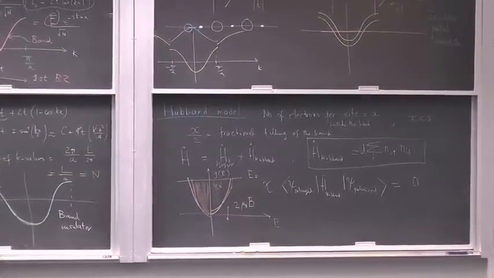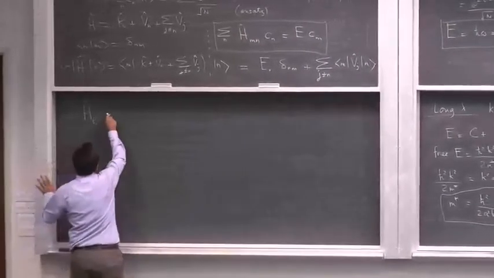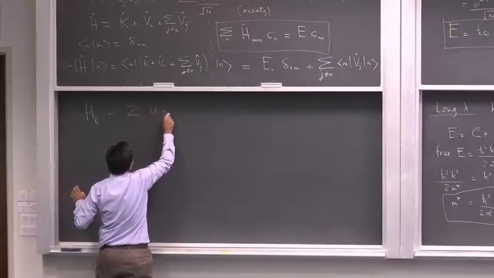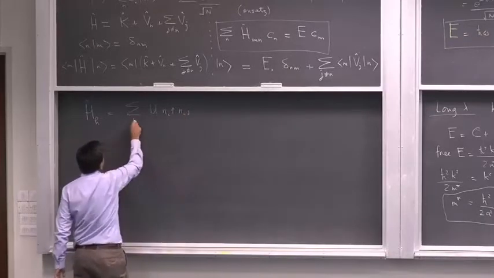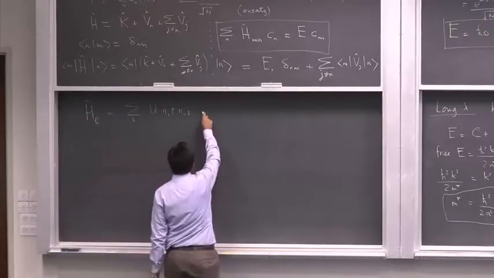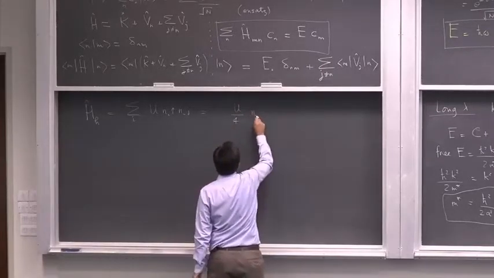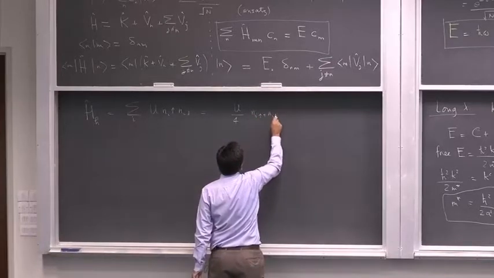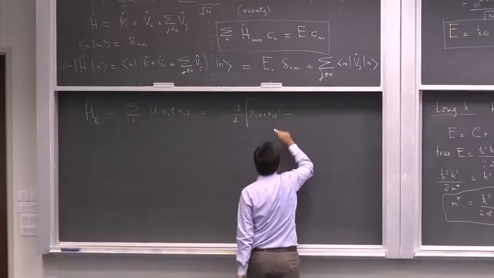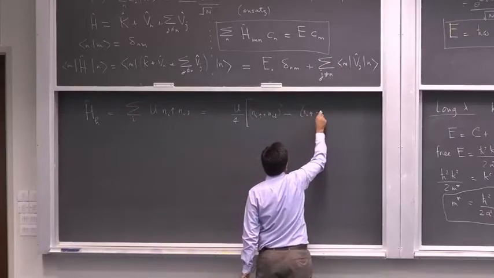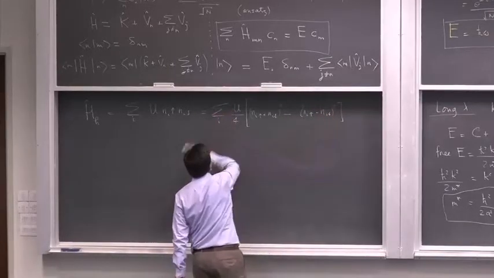So if you look at the Hubbard Hamiltonian, I'll write this as H_H. This is U n_i↑ n_i↓, over all i. Now I can write this in the following form: U over 4 times (n_i↑ + n_i↓) squared minus (n_i↑ − n_i↓) squared, for all i.